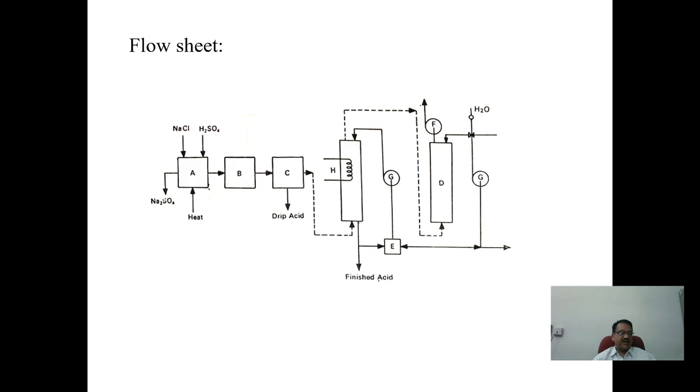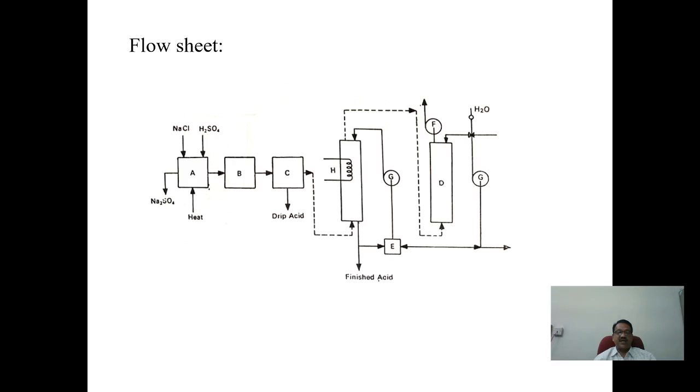Next, we see the flow sheet. Here, the raw materials like common salt and sulfuric acid are fed to a furnace, and it is heated at a temperature of 400 degrees centigrade, where the reaction between sodium chloride and sulfuric acid takes place.